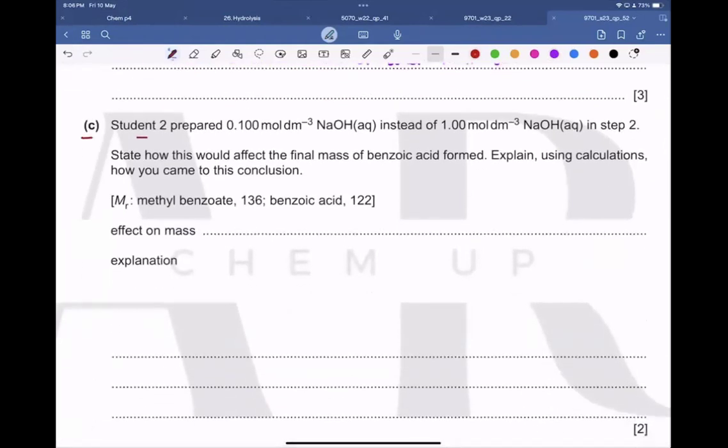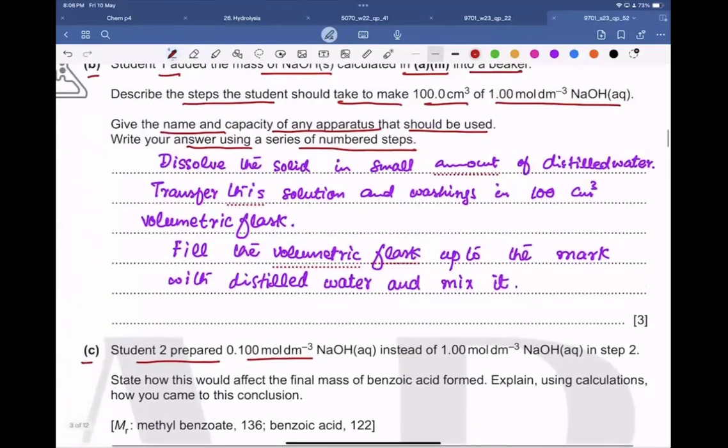See, is all the steps clear to all of you?